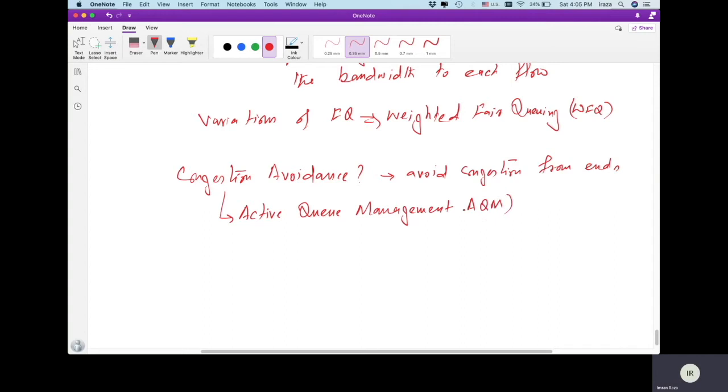So in addition to traditional end-to-end congestion avoidance, where the end machines are avoiding congestion, we can also take help of active queue management to avoid congestion. The idea of active queue management is to put additional functionality into the routers.